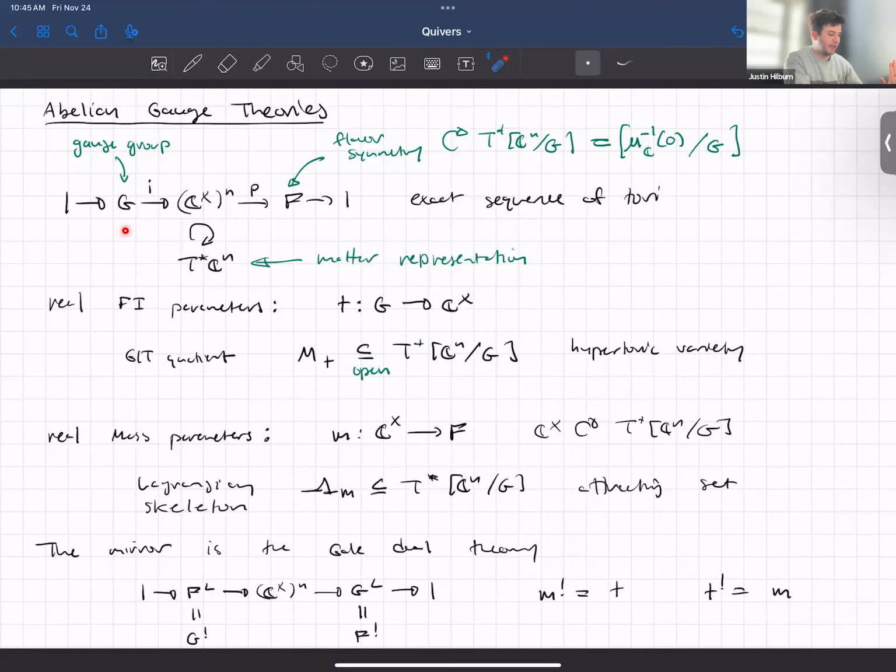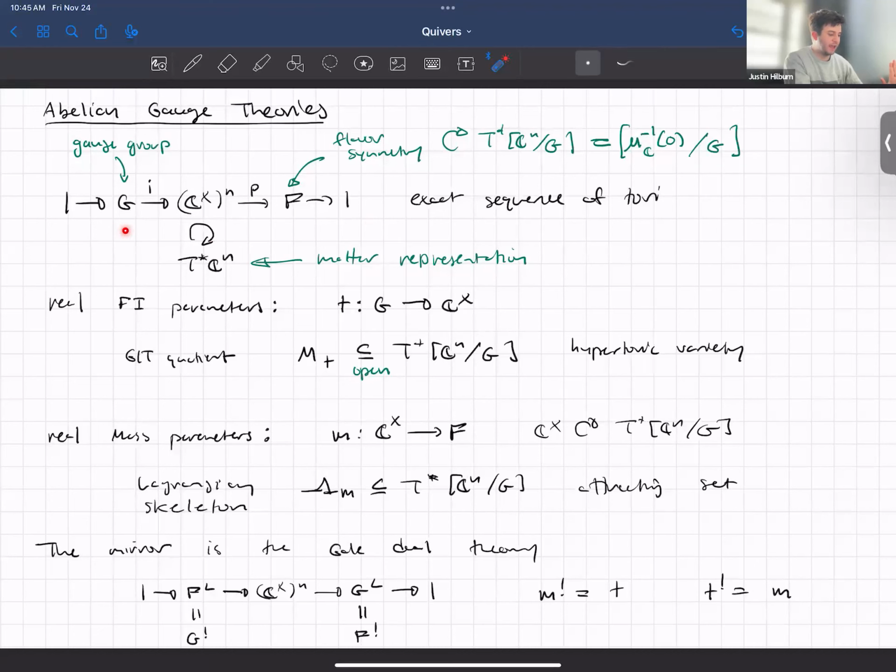And then I'm going to be interested in the scenario where I'm going to have no complex parameters, because I've chosen this 2-2 subalgebra to look at the boundary conditions, I have a splitting of my mass and Fi parameters into real and complex parts.